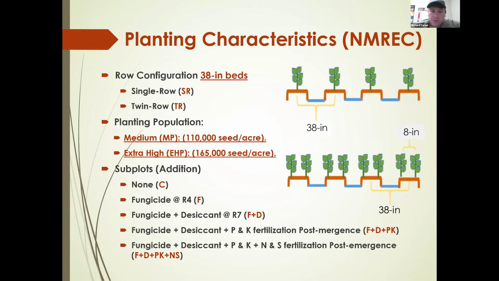Because of the row configuration, the row width differences, that actually made the 6 and the 12 change population slightly, and that's denoted there. I'm going to keep them the same, medium and extra high, but do be aware that the actual population per acre did change slightly. But the subplot, the management strategies, they did not change.